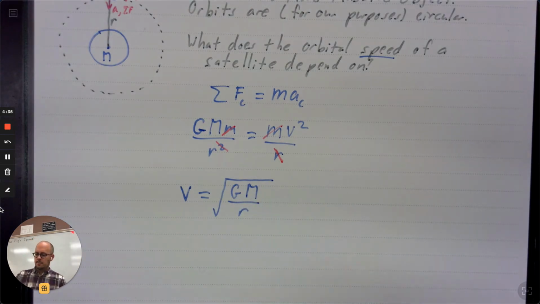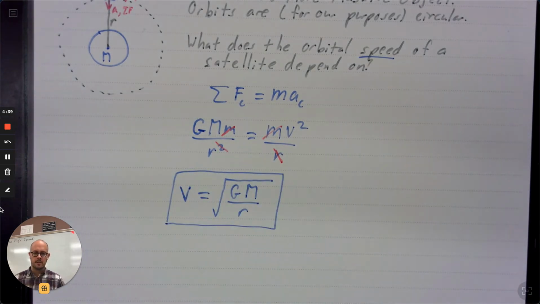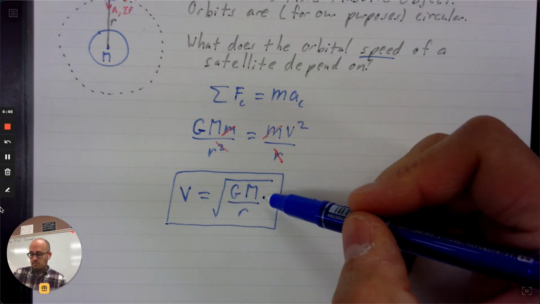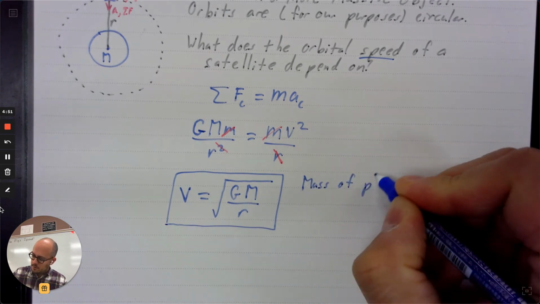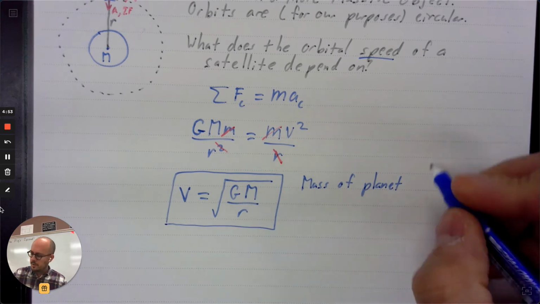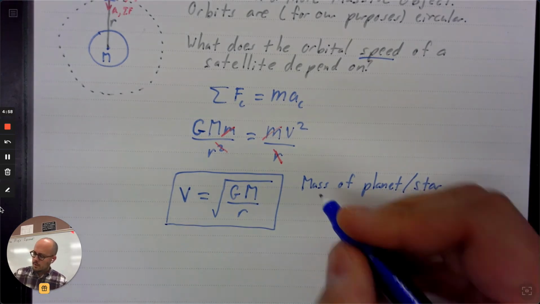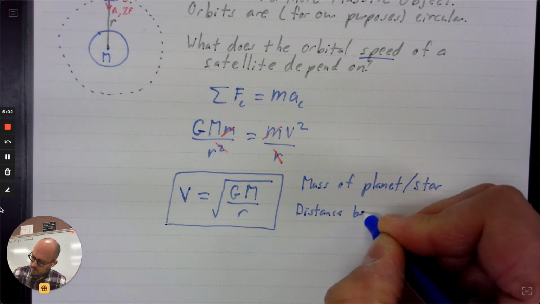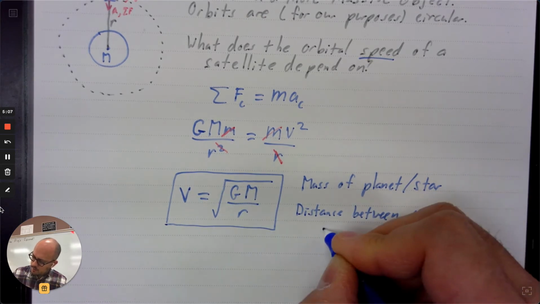So this equation is the central equation when we start to think about satellite motion. It deals with the speed, which depends only on the mass of the planet. We're mostly going to focus on the planet Earth, but it could also be whatever star a planet is orbiting, and the distance between the centers of objects.